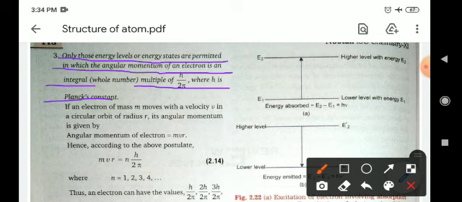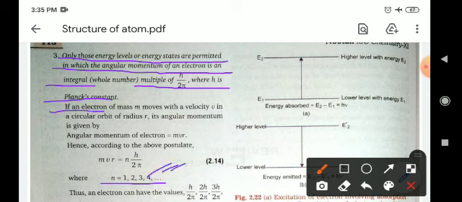According to Bohr, electrons revolve only in those orbits for which the angular momentum has a value that is an integral multiple of h upon 2 pi, a complete integer value like 1, 2, 3, 4 etc.